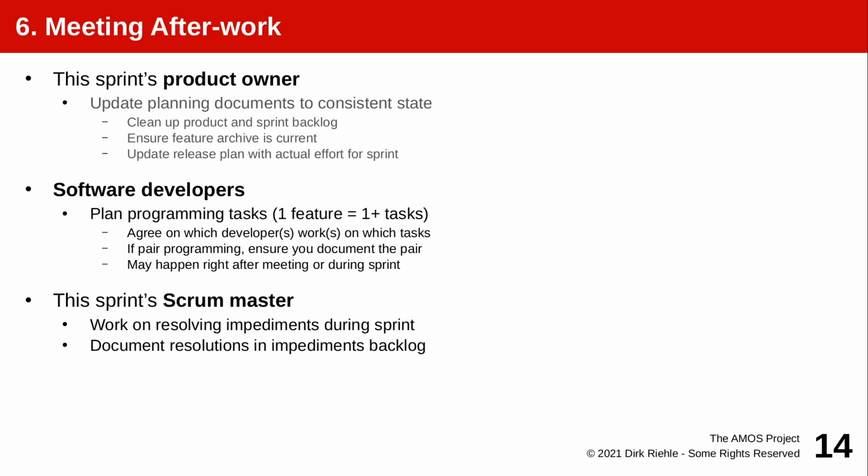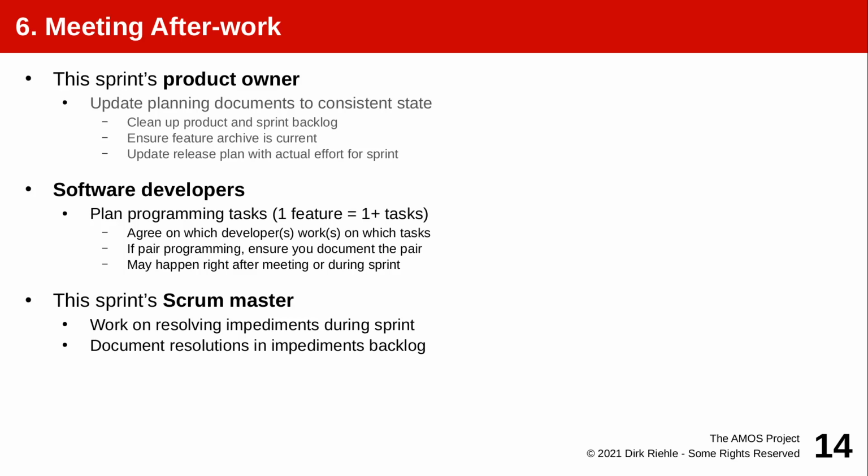And once you have agreed on all the features that are moved now from product backlog to the to-do column, you're done with the meeting and you can close it. There's afterwork.